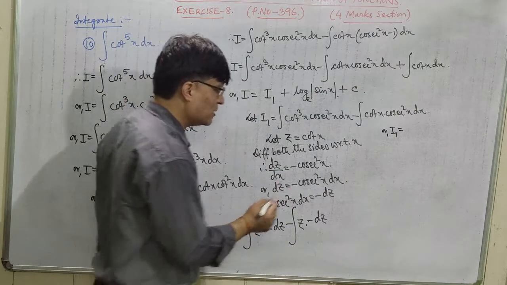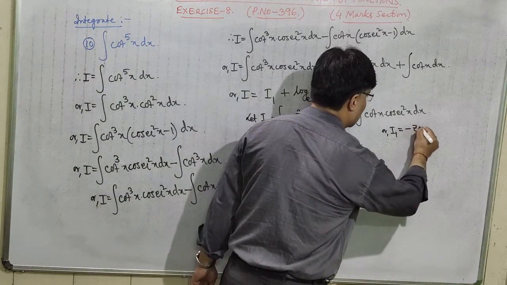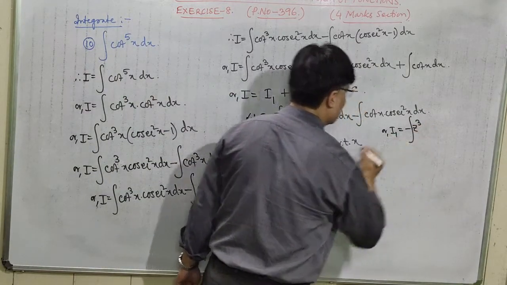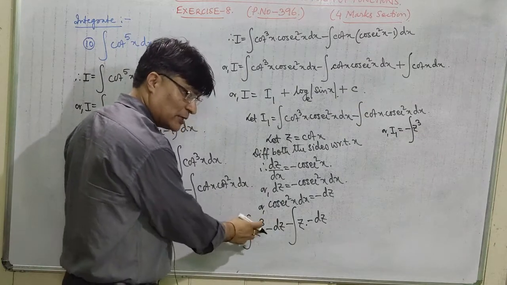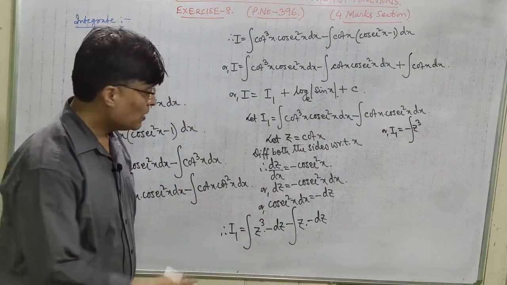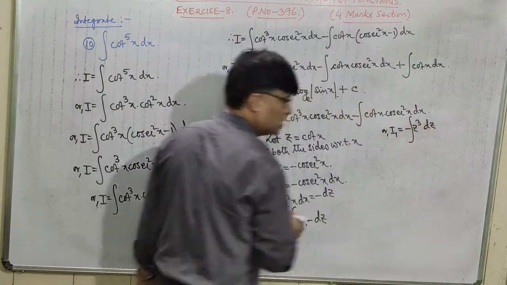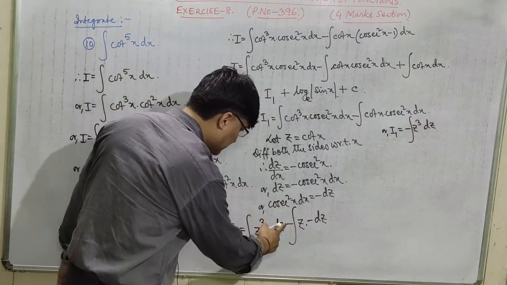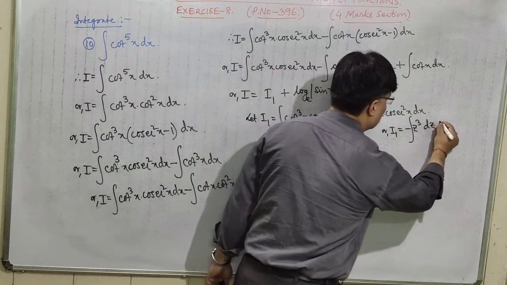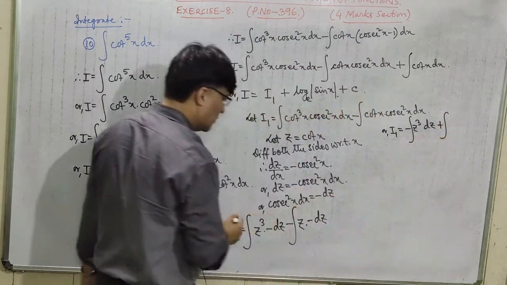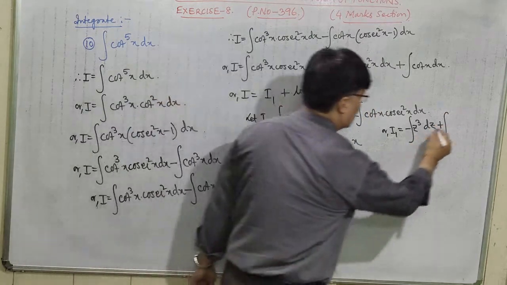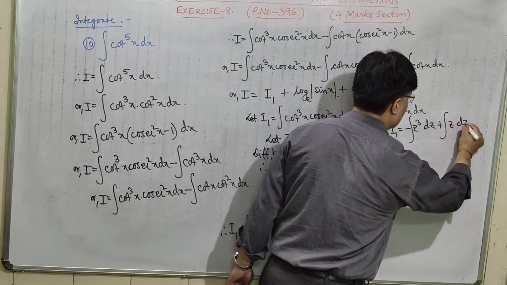I1 is equal to minus integration of z cube dz, taking the minus outside the integral sign. And then minus into minus is plus, plus integration of z dz.